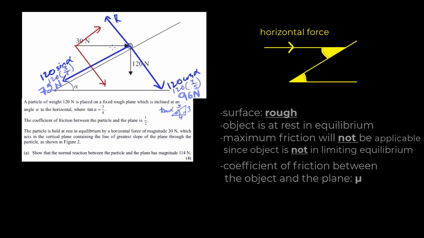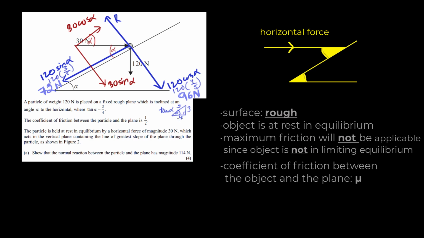Since this is alpha, this is also going to be alpha, and by alternate angle this is also going to be alpha. That means this is going to be 30 cos alpha, and this is going to be 30 sine alpha. Again we can do some basic calculation.